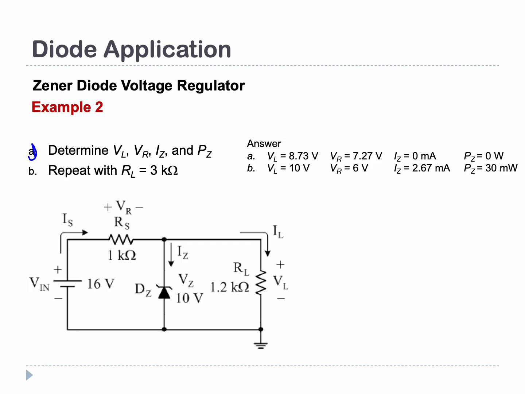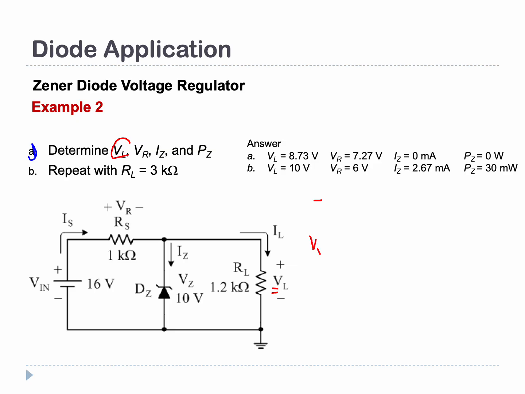In A, determine the VL. So for us to determine the VL, of course we can use the voltage divider rule, which is VL. It's very difficult, that's why I don't want to write too much.